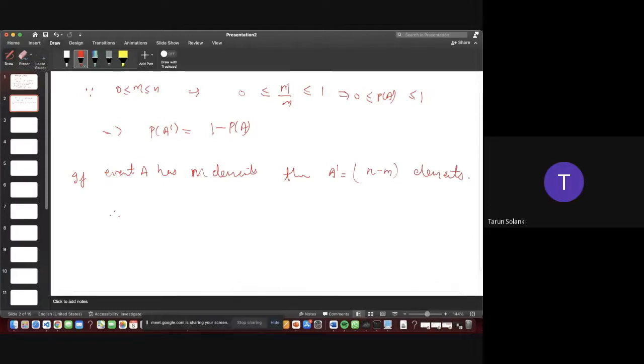Finally, P of A dash is equal to n minus m by n, which is 1 minus m by n, which is 1 minus probability of A.